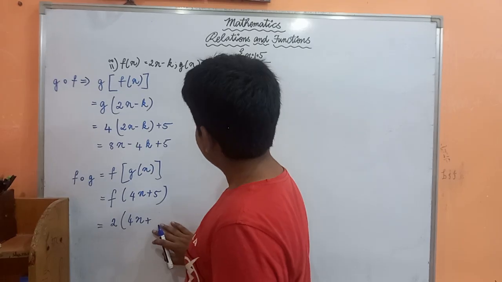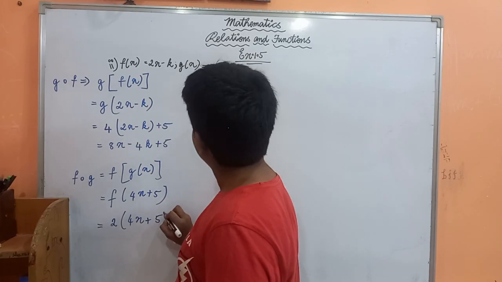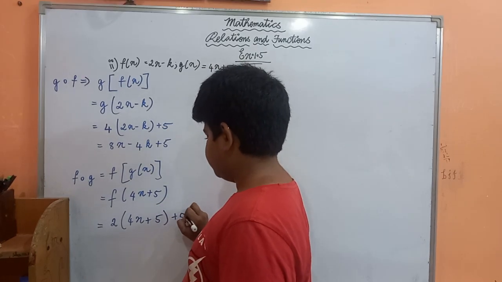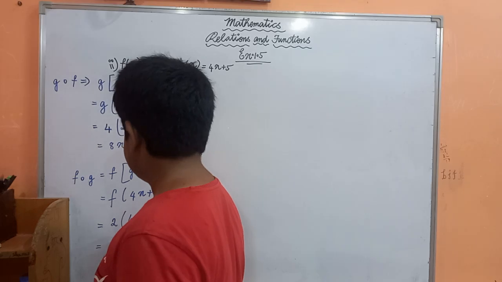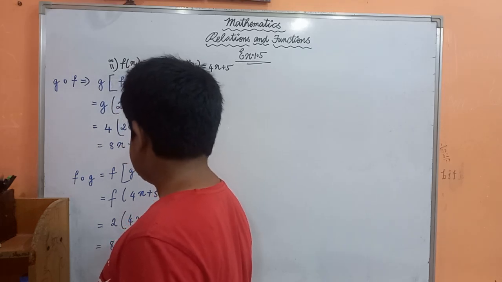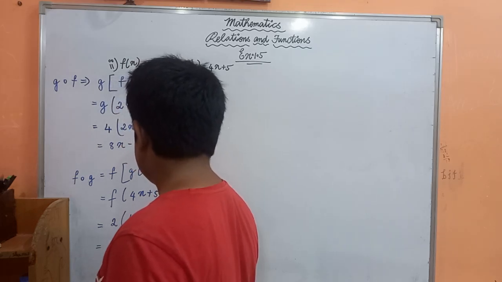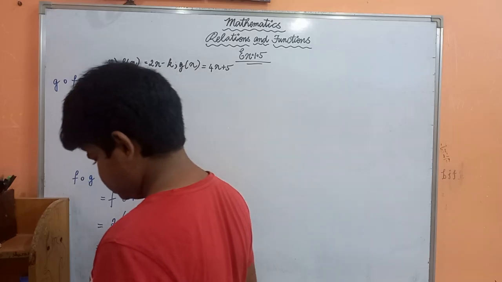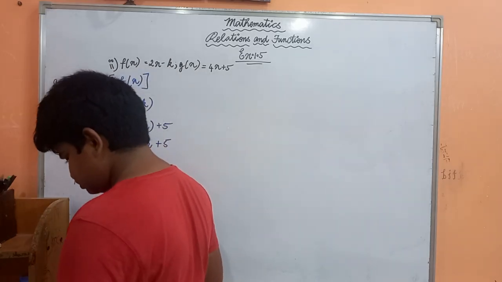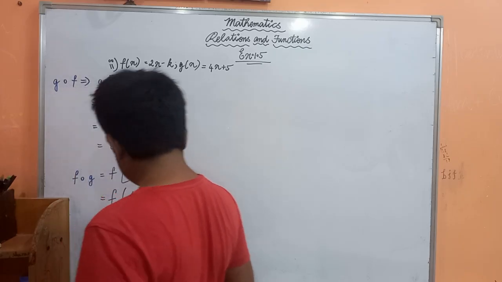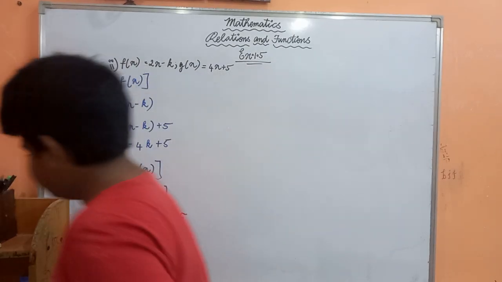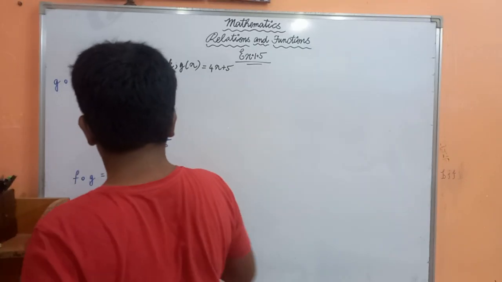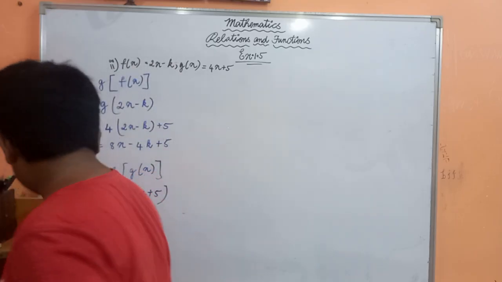This is 4 of 4x plus 5, so it's 8x plus 10. Is that how it comes? So it's 4x plus 5, right?